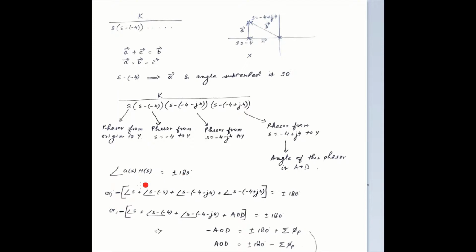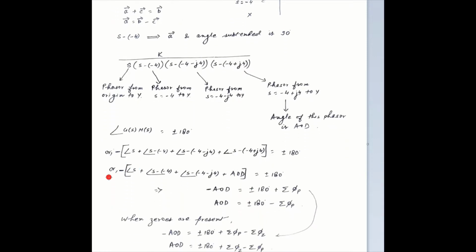We know that. So if I write the angles of all these four terms, and since these four terms are in the denominator, we will take the negative of the angles of these four terms, and then this complete expression should be equal to plus minus 180 degrees because of the characteristic equation.